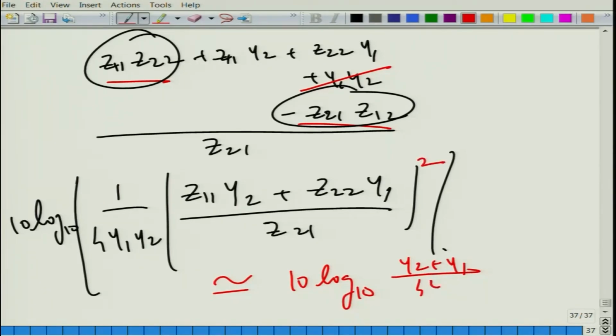So, 4 Y1 Y2 square. Then when Y1 and Y2 are the same, you can clearly show that this is equal to 0. So these are the conditions under which you will get a trough in the attenuation graph.